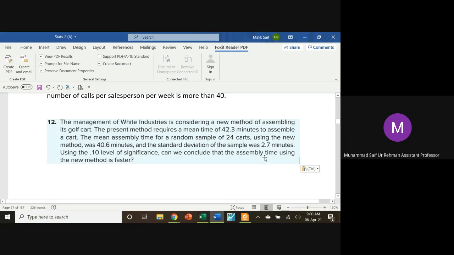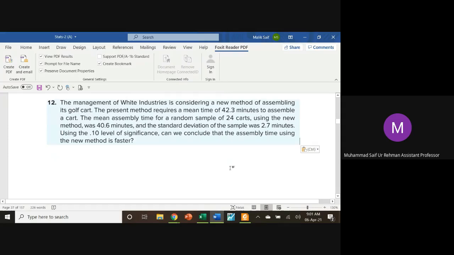So this is S. Using 0.10 level of significance, can we conclude that the assembly time using the new method is faster? So now you would write down the null and alternate hypothesis first, and let us see how we will construct the null and alternate hypotheses.